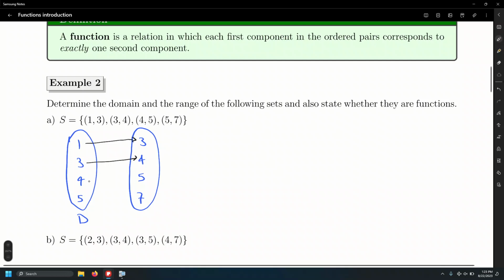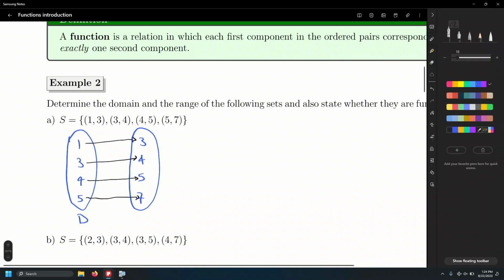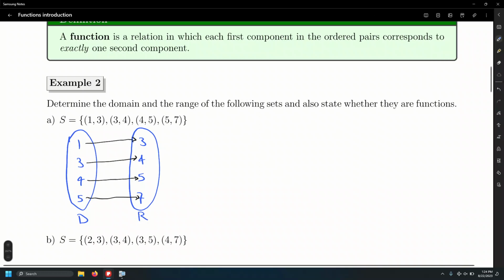The third ordered pair tells us that 4 is paired with the number 5, and last but not least, 5 gets paired with the number 7. All right? And this bubble corresponds to the range. You can just use D and R for short. No worries. On a quiz or an exam, I would understand that that's domain or range.